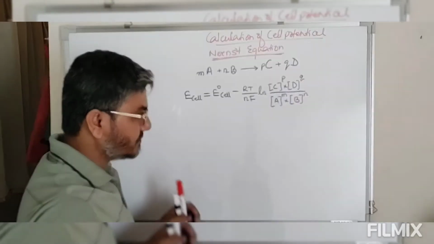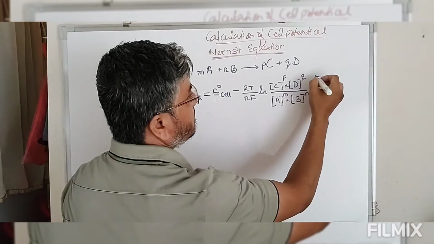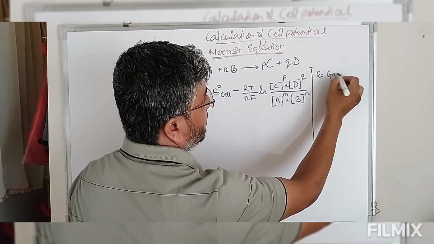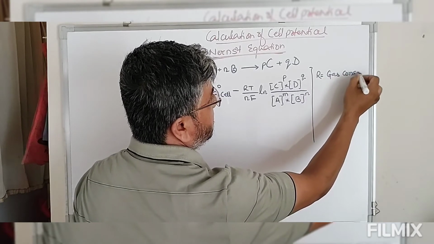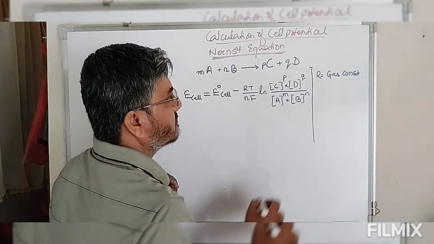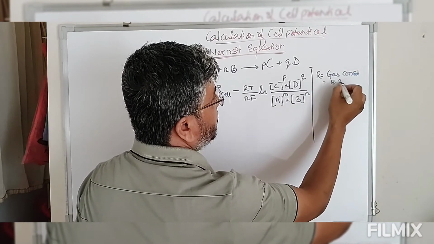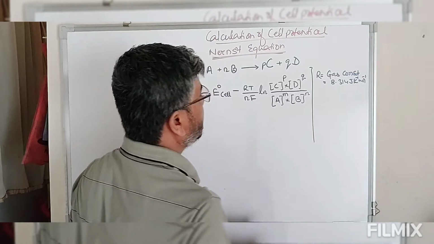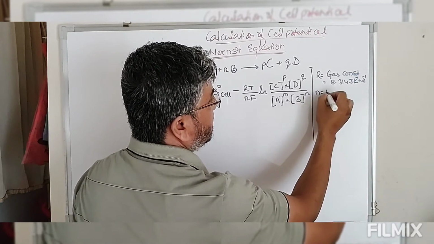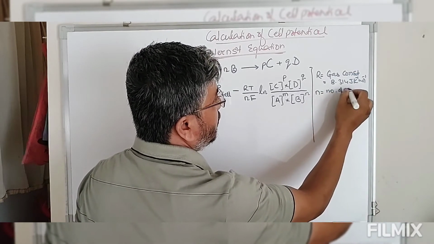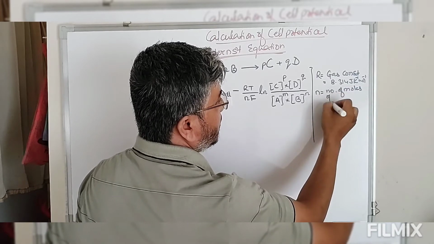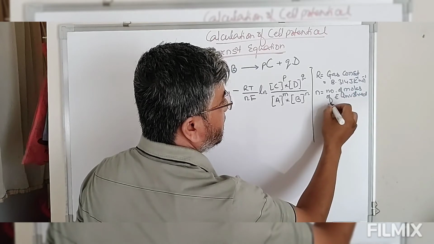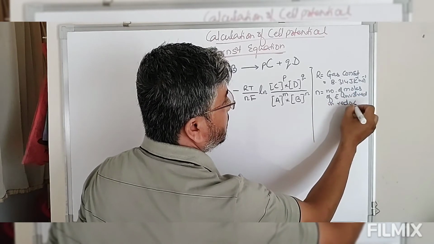So R is the gas constant, 8.314 joule per Kelvin per mole, and N is the number of moles of electrons involved in the redox reaction.